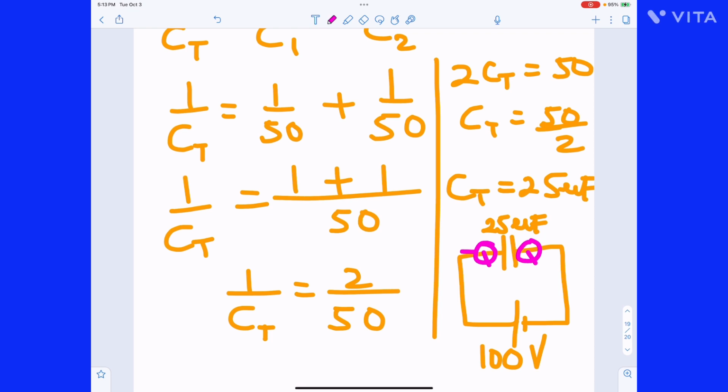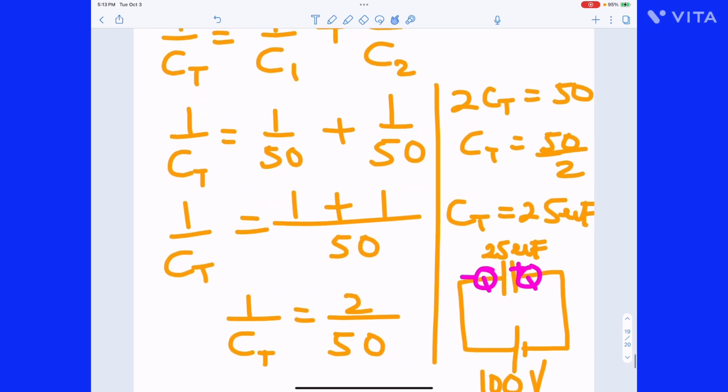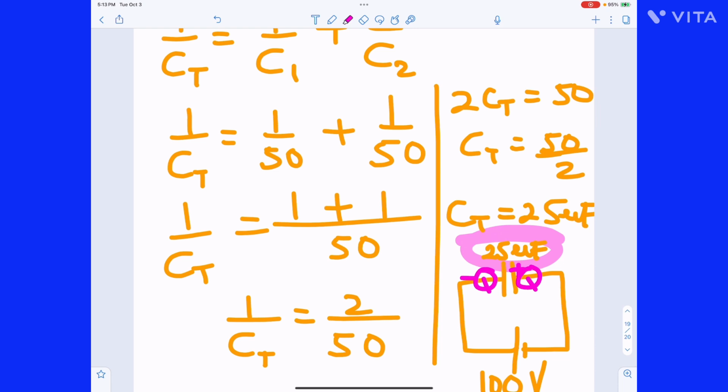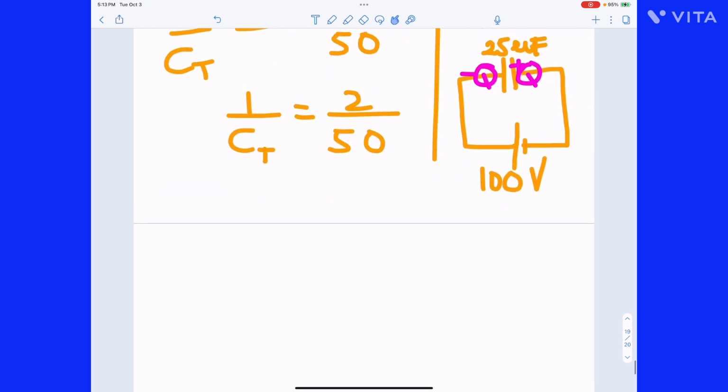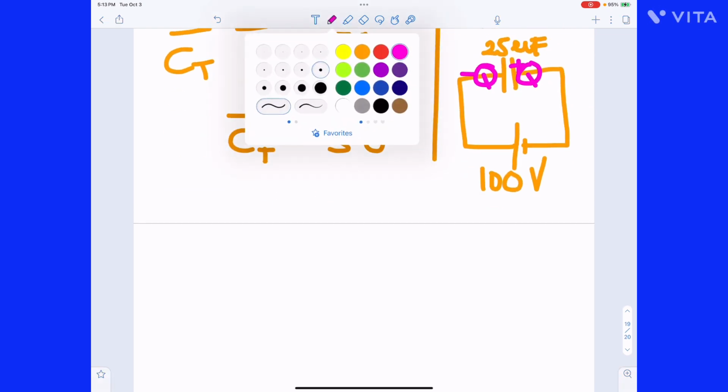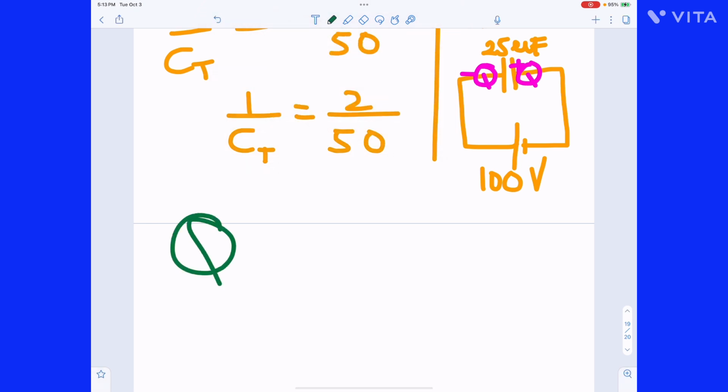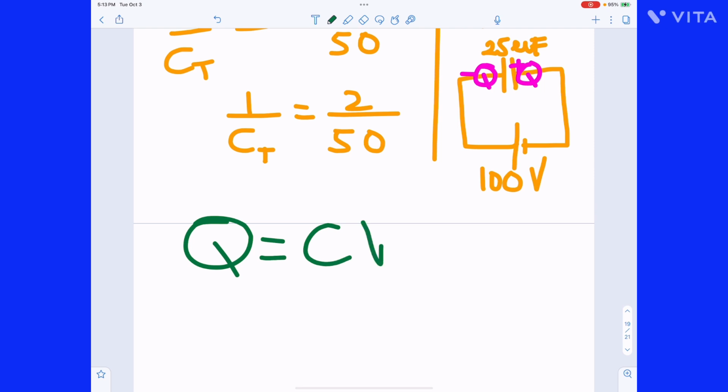Now, using Q is equal to CV. This is our C, the total capacitance, and this is our V.